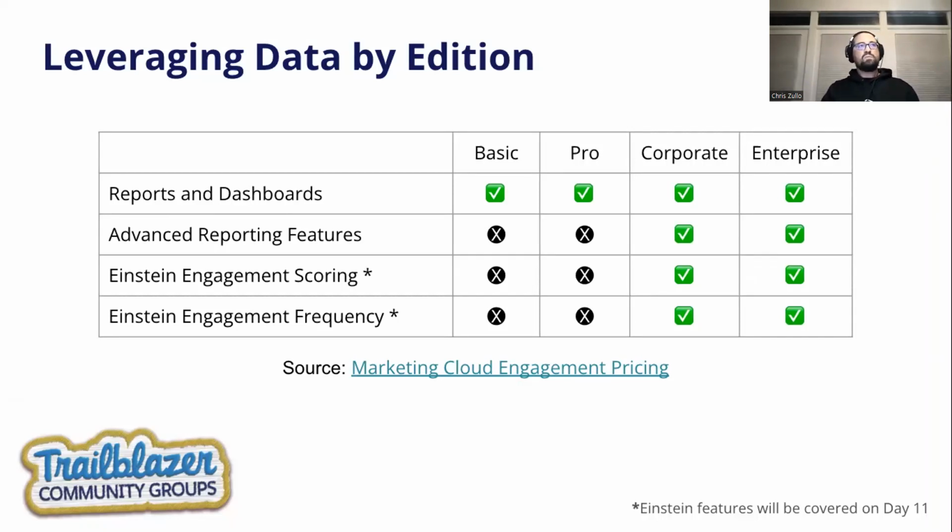And so reports and dashboards, every edition of Marketing Cloud has a standard set of reports available for users. There are advanced reporting capabilities that at least are standard from corporate and above.